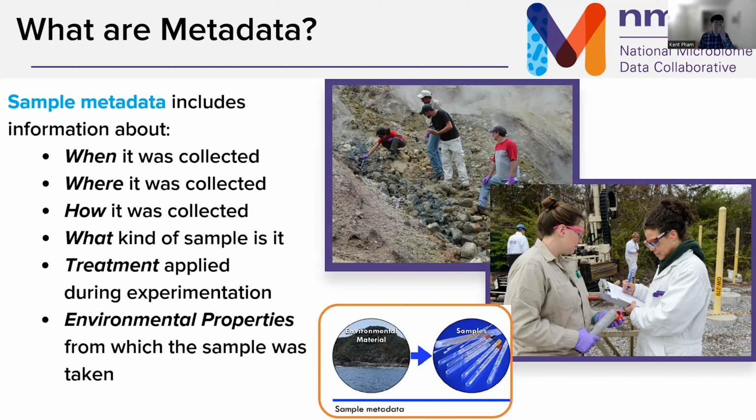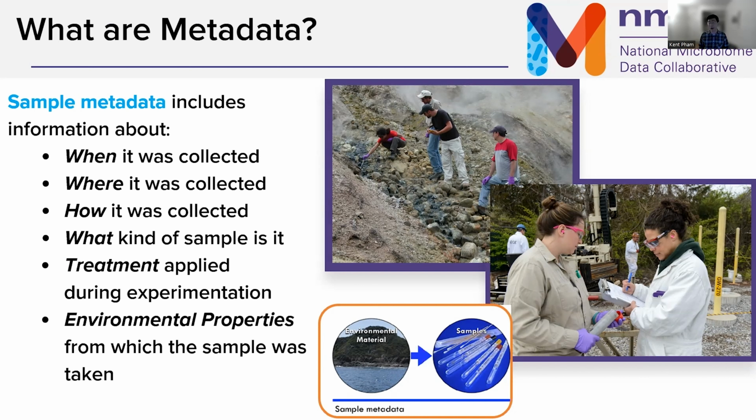Where was it collected: the actual latitude, longitude, or just a description of the local environment. How was it collected: give information on what tools and techniques were used, because that may play a role in changing how your sample data is actually analyzed down the line.